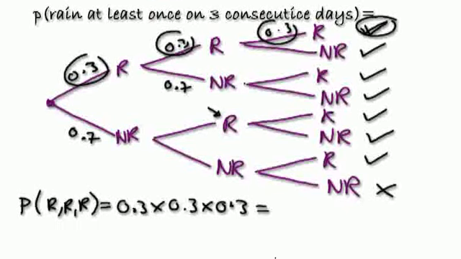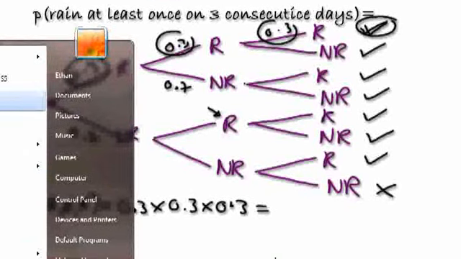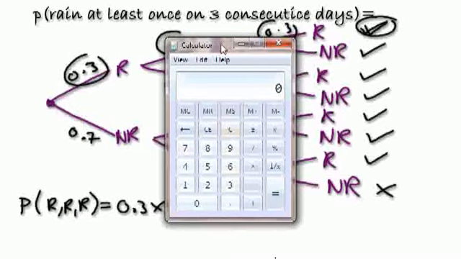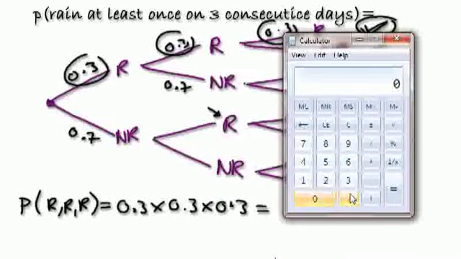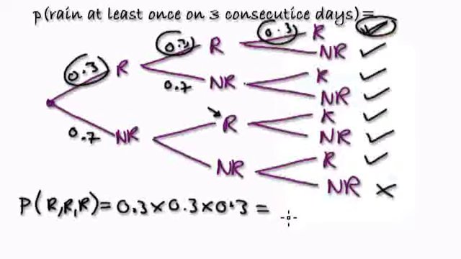Hang on, let me jump to a calculator. So it would be 0.3 times 0.3 times 0.3 equals 0.027.